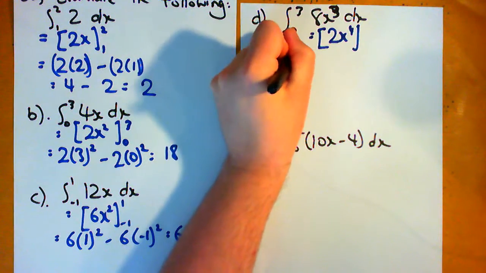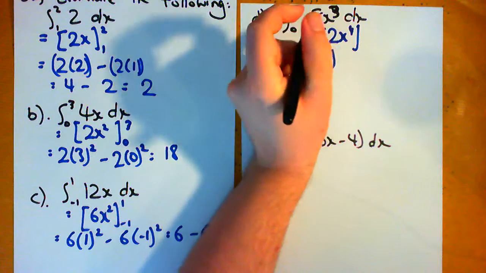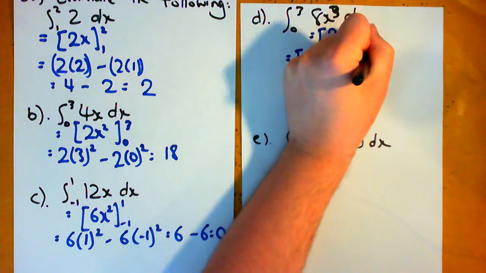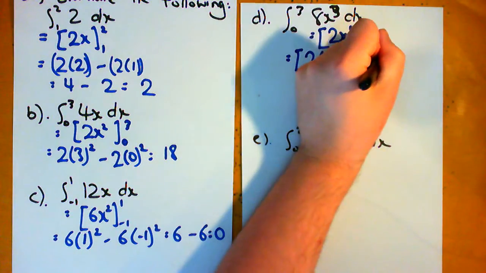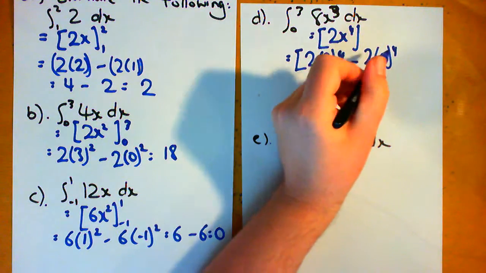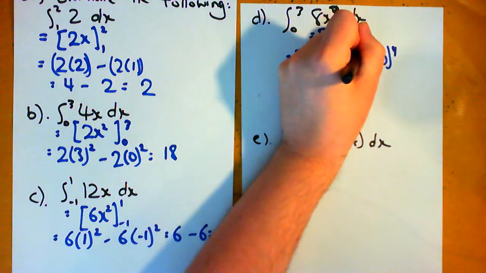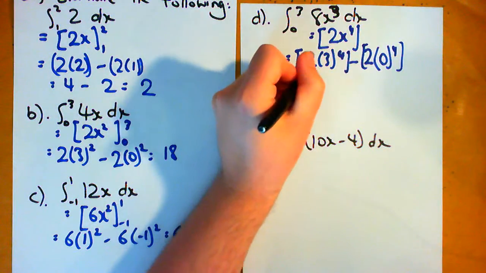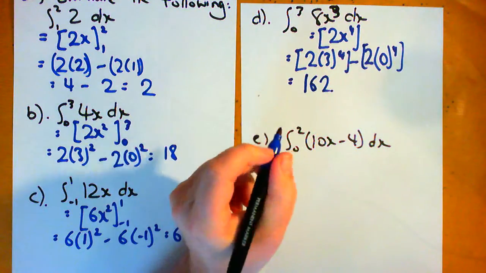Now if we substitute in our limits, it's going to be 3 first, so we get 2 times 3 to the power of 4 minus 2 times 0 to the power of 4. So this one will give you a value of 0, so it's only going to come from here. So 3 to the power of 4 is 81, times 2 gives you 162.